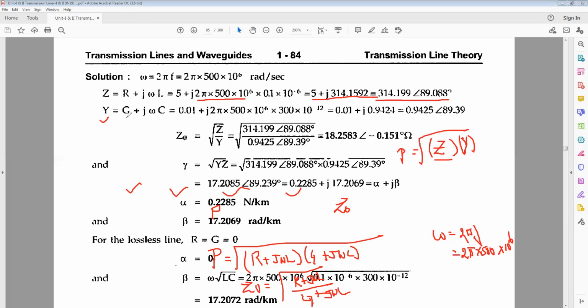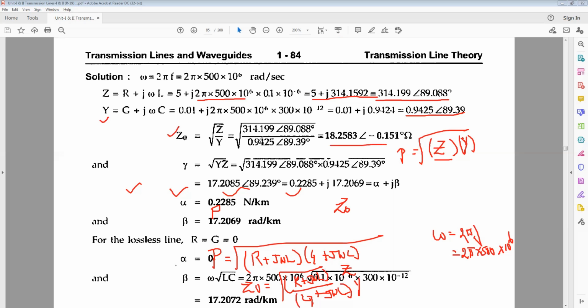Similarly, by substituting G and C, we get the admittance Y. Y in polar form is 0.9425 with an angle of 89.39. To find the characteristic impedance, Z naught is equal to under root of Z by Y, where R plus j omega L is Z and G plus j omega C is Y, impedance and admittance.